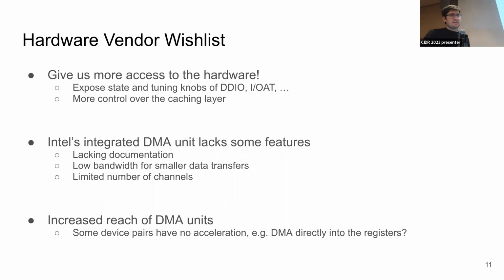We also have a wish list for hardware vendors, which would be nice to have, but probably pretty far out, but still we'd like to ask. First, we would like to have more access to the hardware. For example, I showed you the examples of DDIO and IOAT. It's really hard to configure. So please expose those tuning knobs that are hidden behind MSR registers and whatever to us, so we can more easily decide how and where to move data.